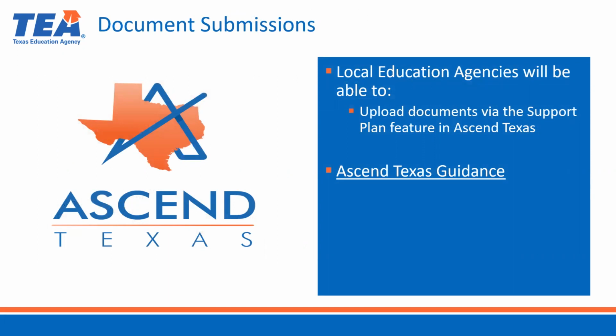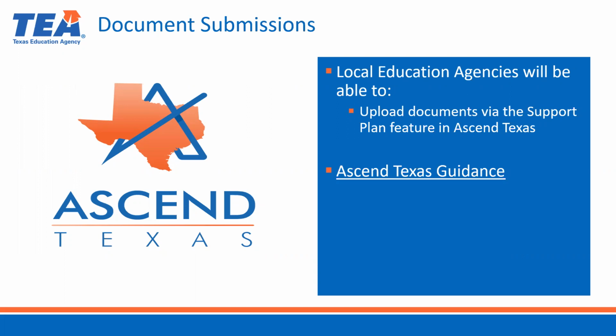During the 2022-2023 school year, LEAs engaging in the strategic support plan process will develop an SSP using the support plan feature in the Ascend Texas application. When LEAs access the Ascend Texas application, the user will be able to select the support plan feature located on the dashboard.